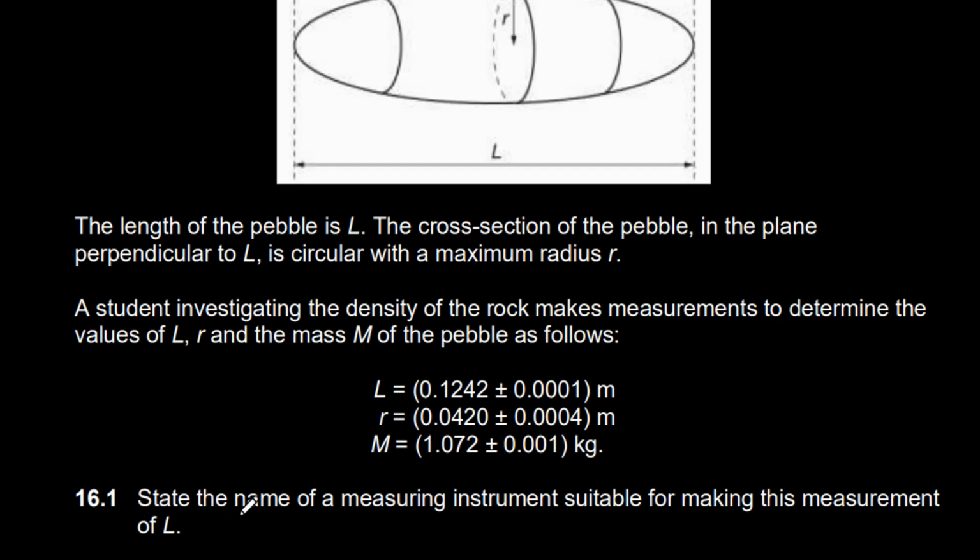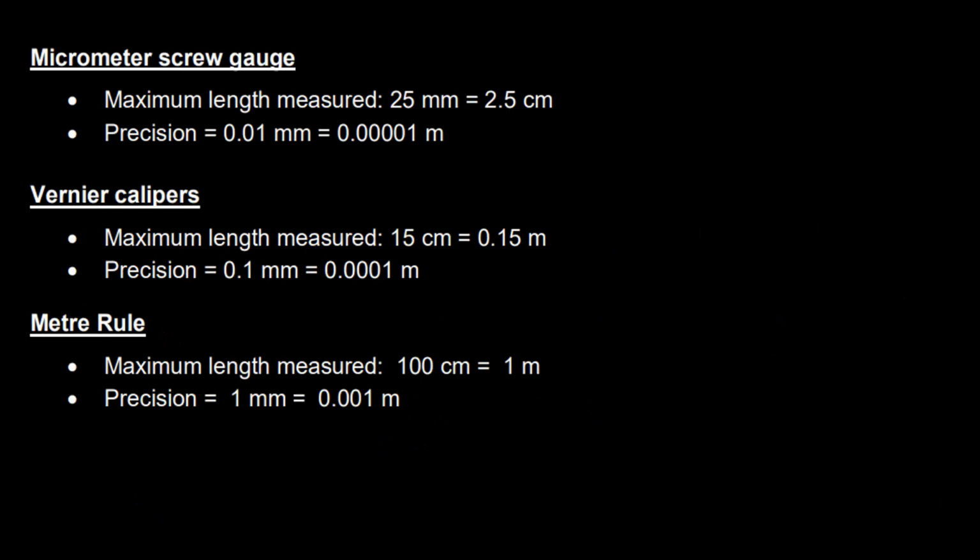In question 16.1, we have to state the name of a measuring instrument suitable for making this measurement of L. Of course, L has a value of 0.1242 meters. If we multiply this by 100, we get 12.42 centimeters. Now, in order to answer a question like this, you need to be familiar with the information about these three measuring instruments used in a laboratory to measure length.